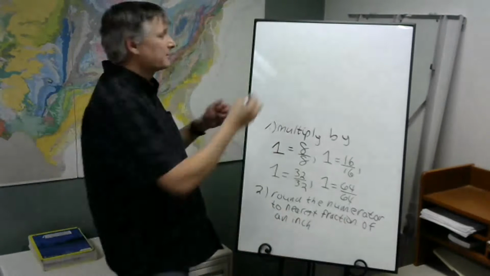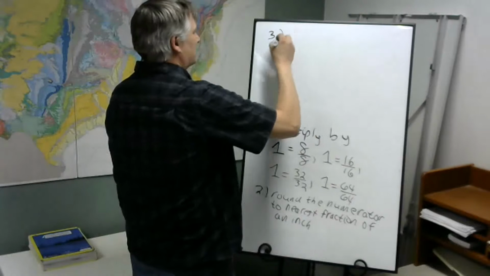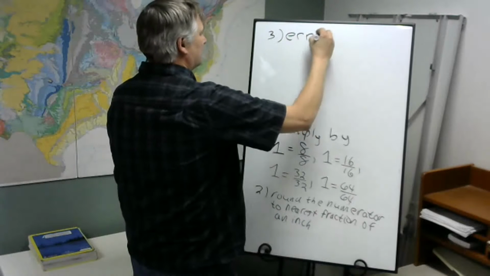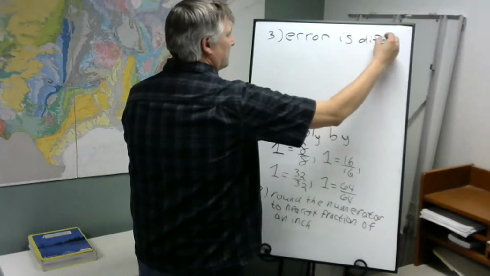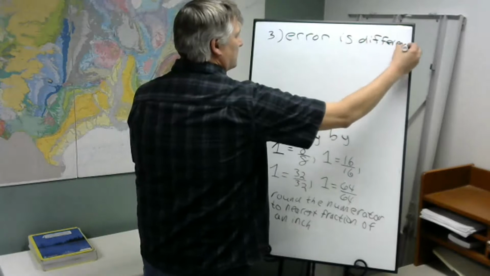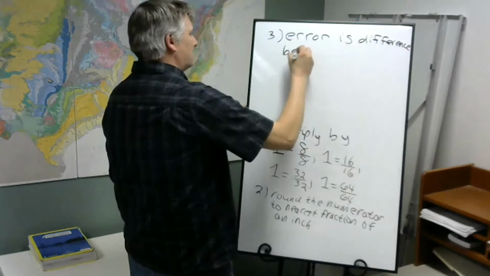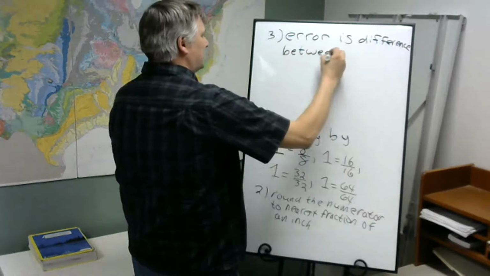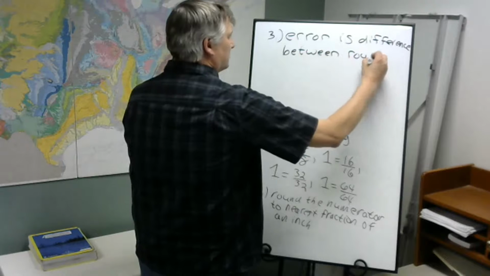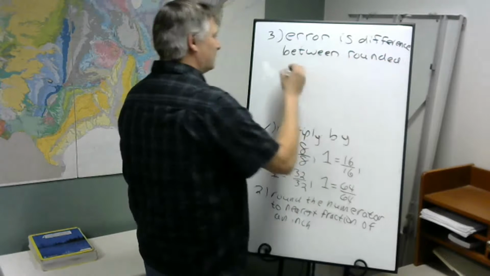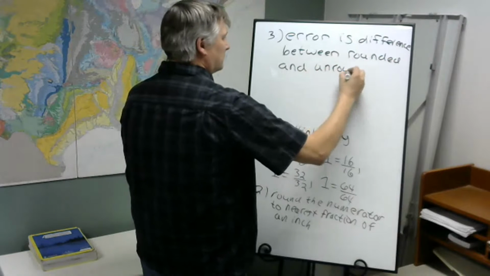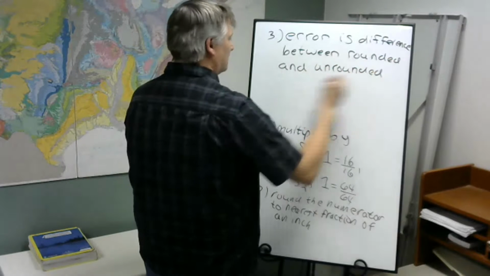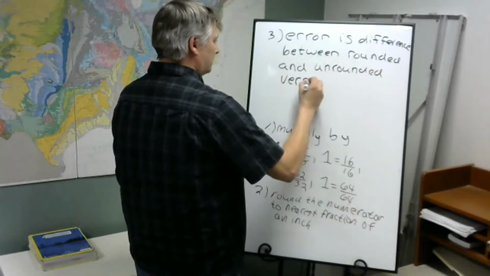Finally, we're going to compute an error. And this is the difference between the rounded and the unrounded versions.